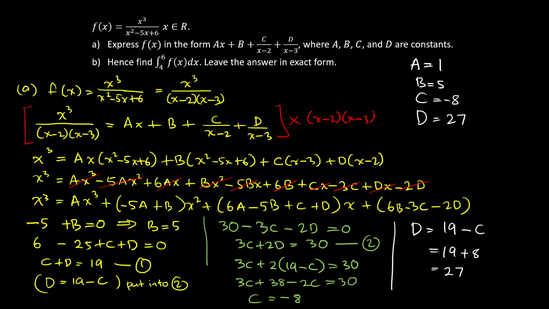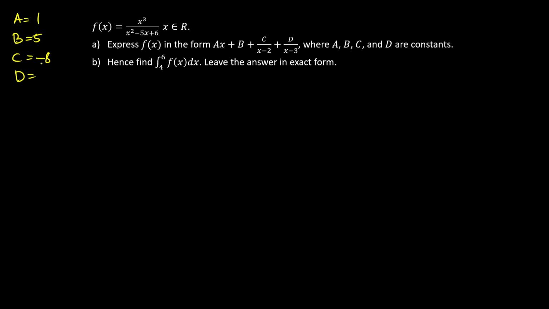So f(x) now is equal to x plus 5 plus c over x minus 2. I'll put minus because c is minus 8, so minus 8 over x minus 2 plus 27 over x minus 3.